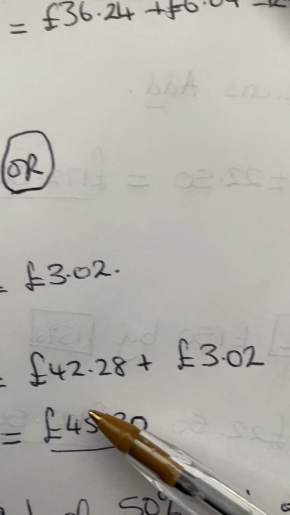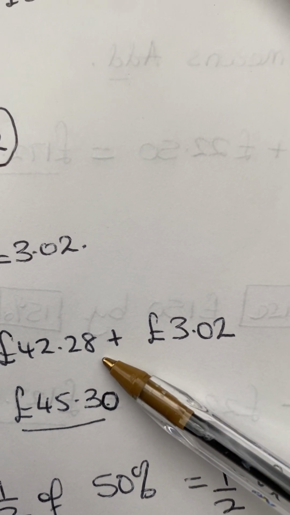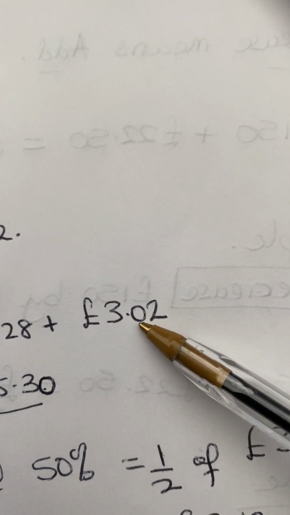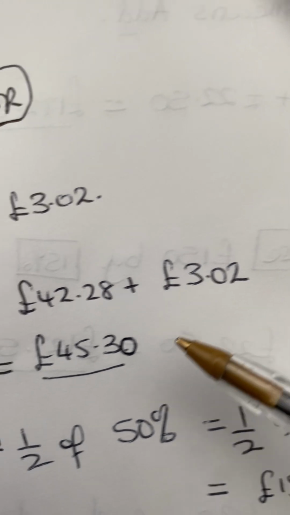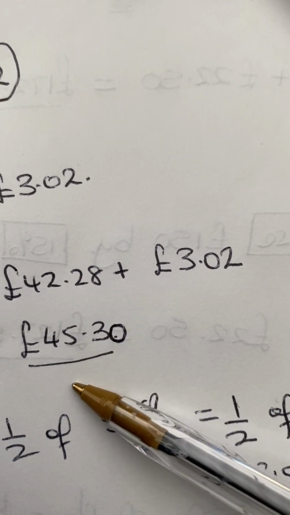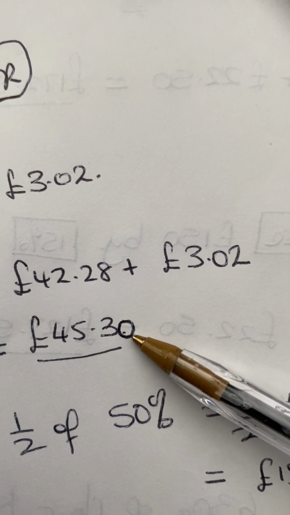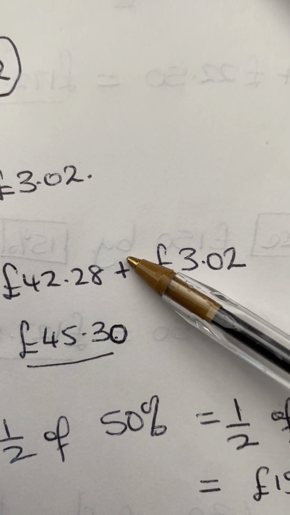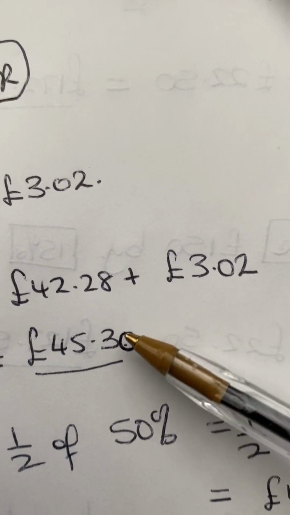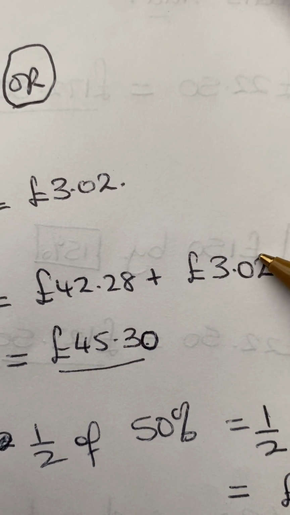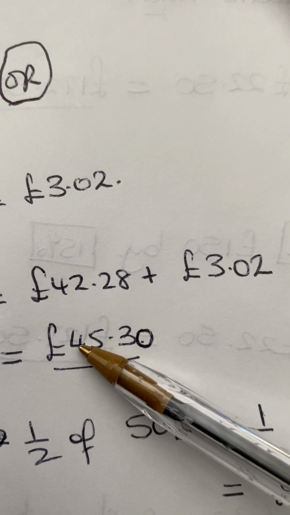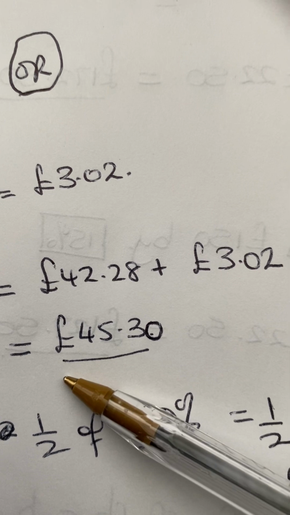So it will be 42.28 add £3 and 2 pence. And you can add them straight on, which will give you 45.30. Or if it's a calculator paper, you put these figures in and get your £45.30.